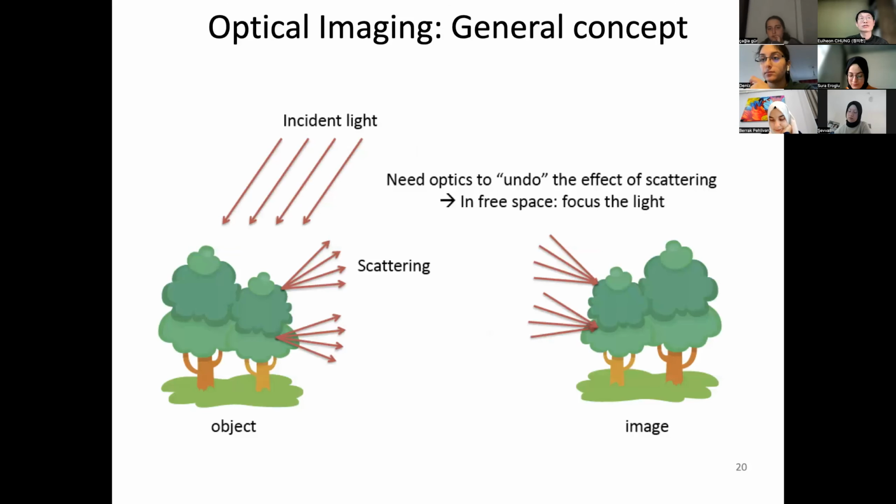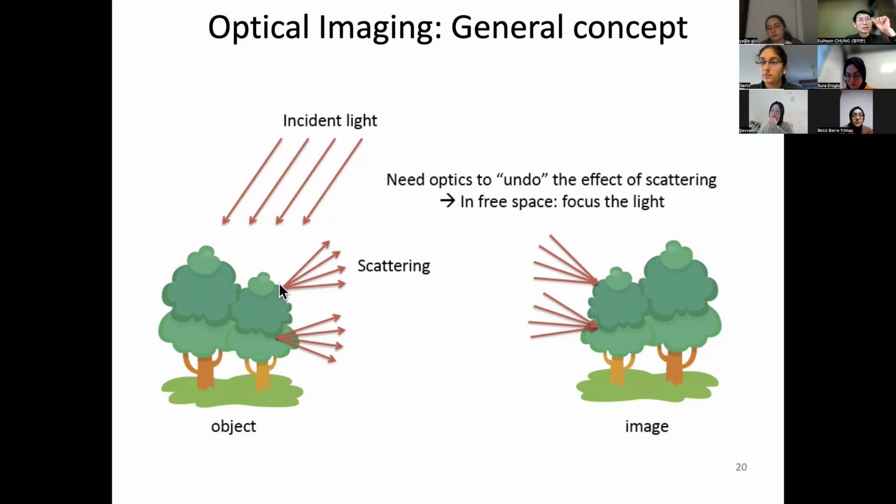Now I'm going to enter into the optical imaging concept. What you are seeing outside in the world is due to ambient light hitting the object. Even you are seeing me because the light hits me, and then all this scattered light from each point somehow focuses back to your eyes, your retina, and we call that an image.